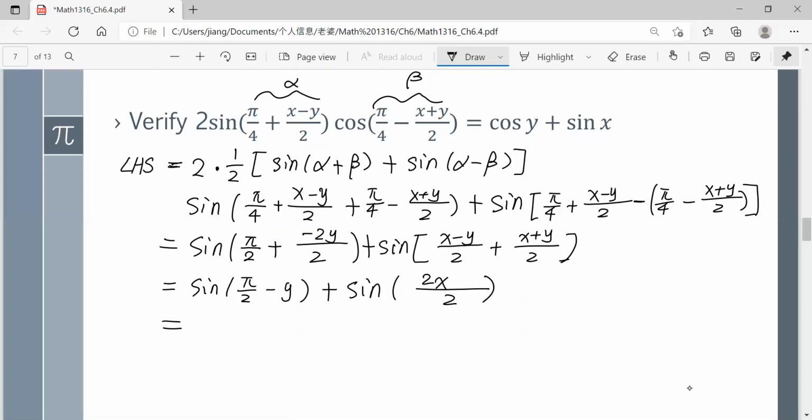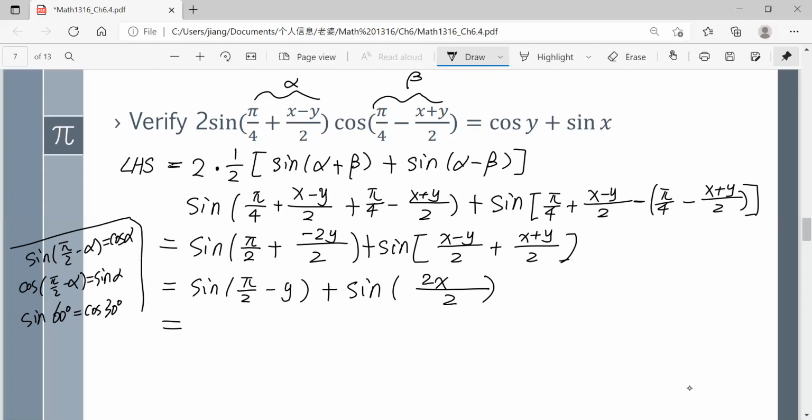And then do you still remember the co-function formula? That's sine pi over 2 minus alpha equals cosine alpha. And cosine pi over 2 minus alpha equals sine alpha. Just like sine 60 degrees equals cosine 30 degrees.